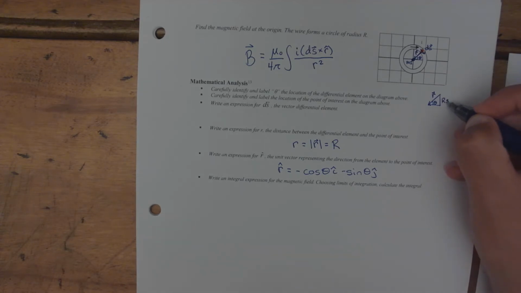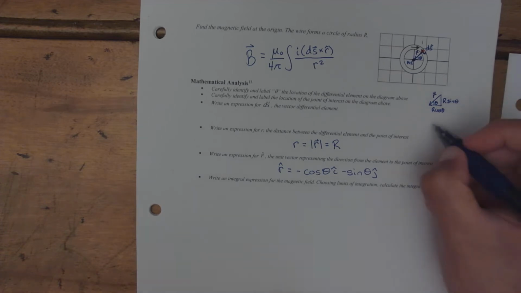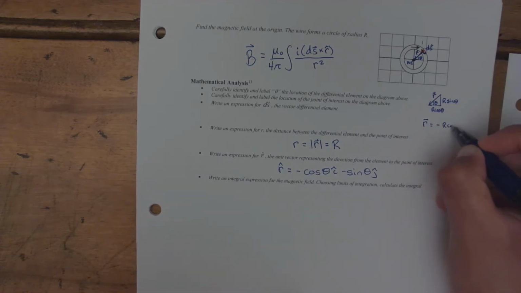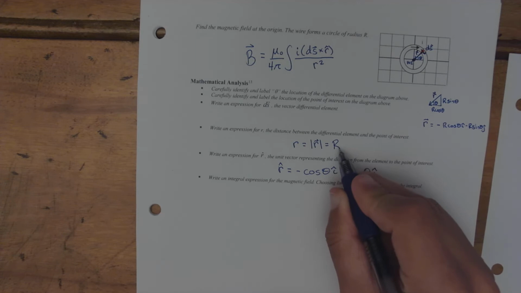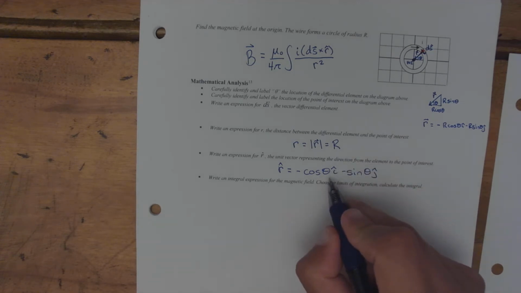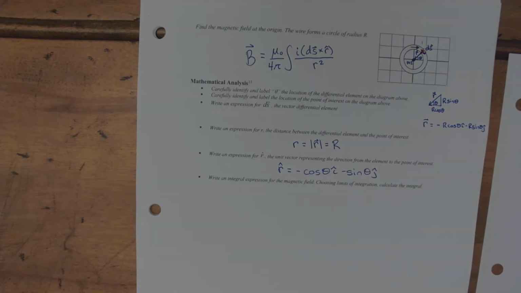So this is r sine theta. This is r cosine theta. So the vector r is minus r cosine theta i hat minus r sine theta j hat. Divide by the magnitude, which is r, and you get the unit vector r hat.